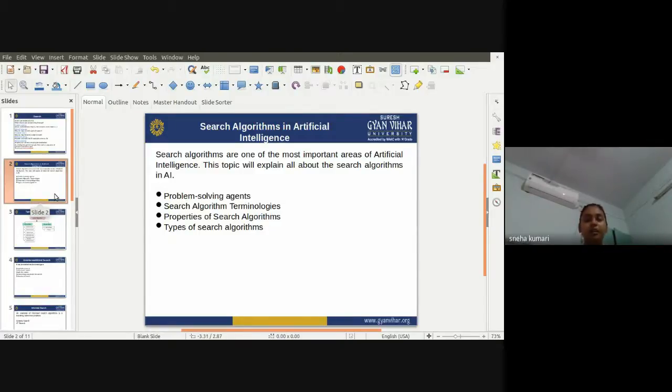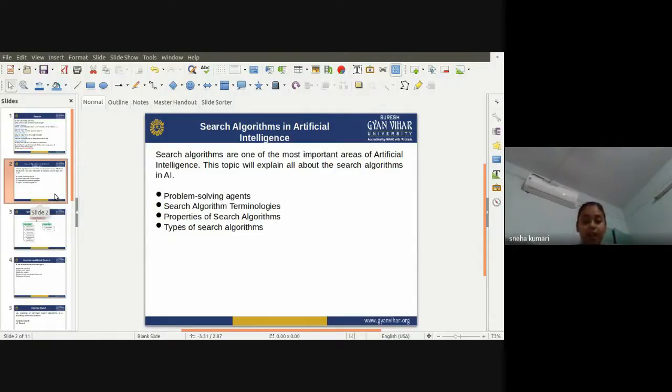Search space represents the set of possible solutions which a system may have.